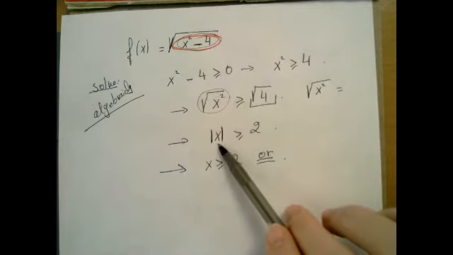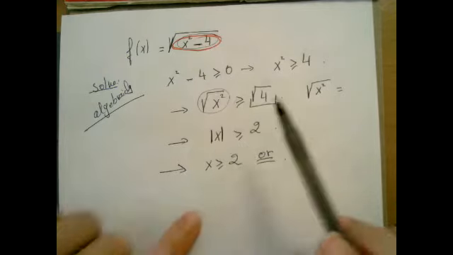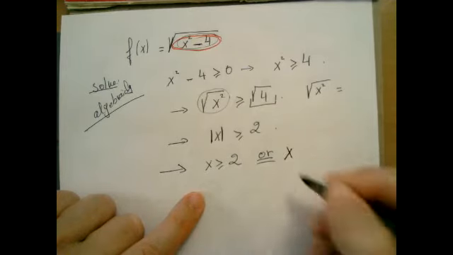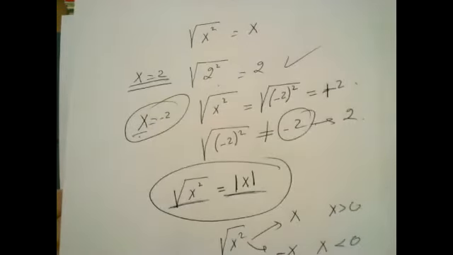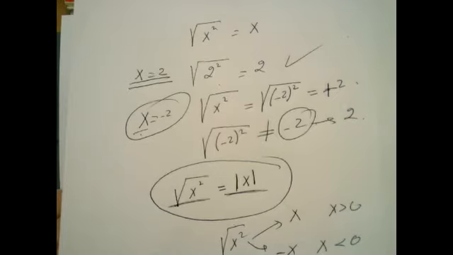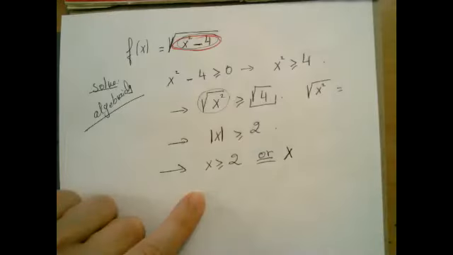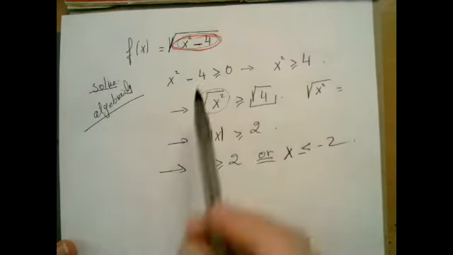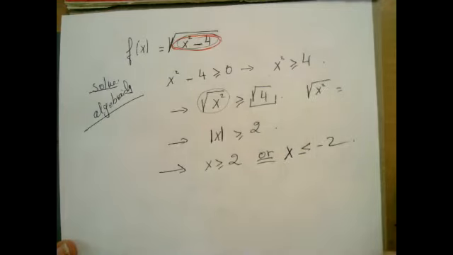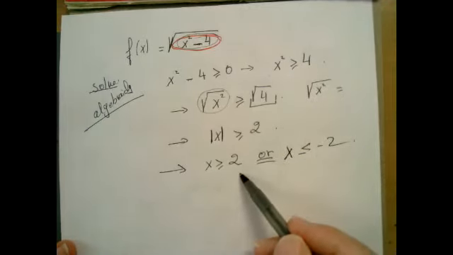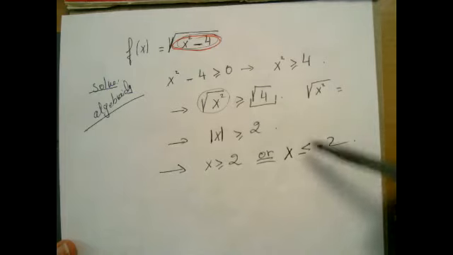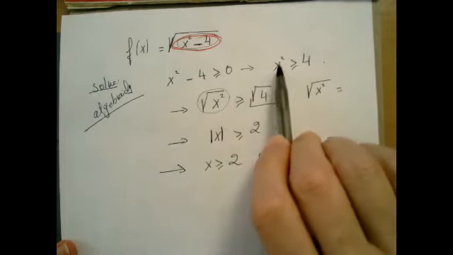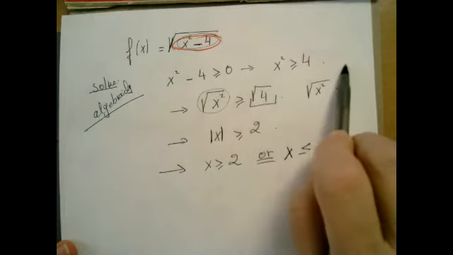Yes. So which condition here? X should be greater than 2 or x should be less or equal to minus 2. So which satisfy the condition x squared greater than 4? Everything bigger than 2, yes, and everything less than minus 2. So for example, if I take x to be minus 3, what will I have? Minus 3 squared is 9, it's bigger than 4.